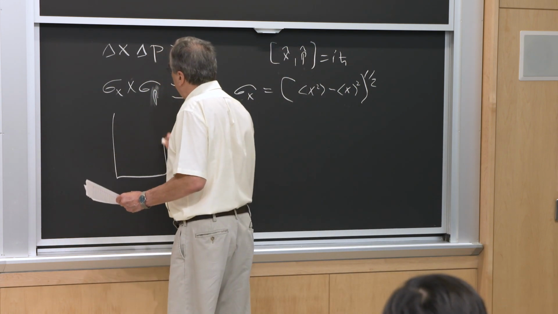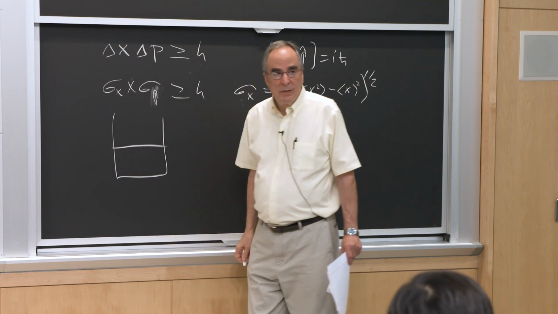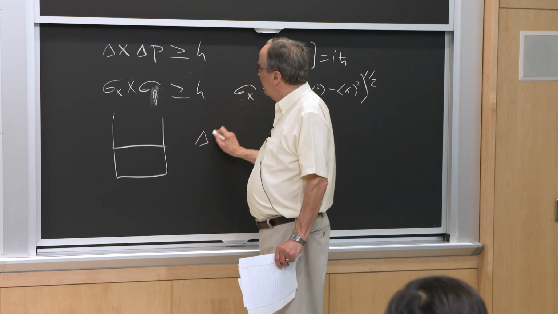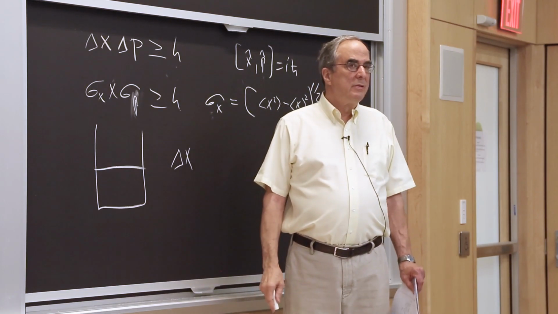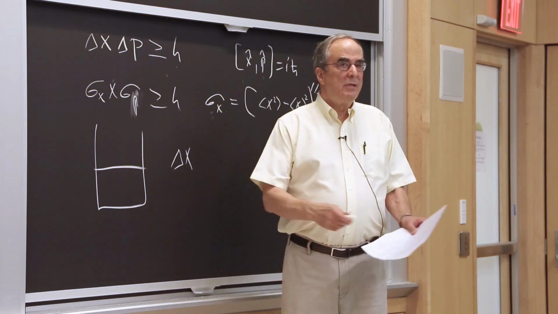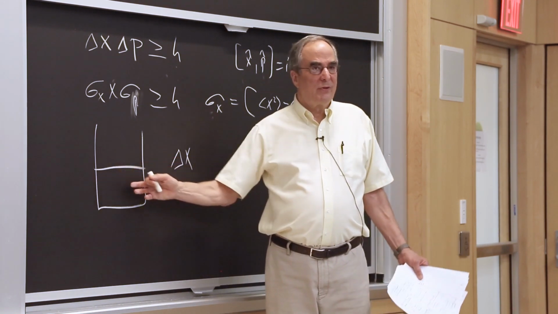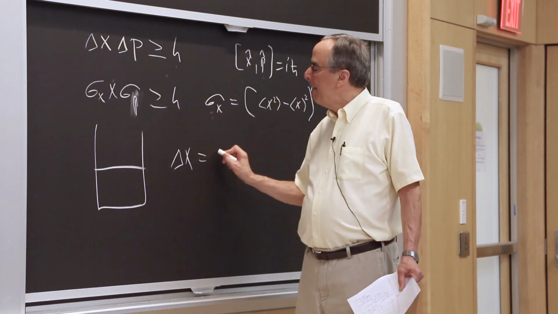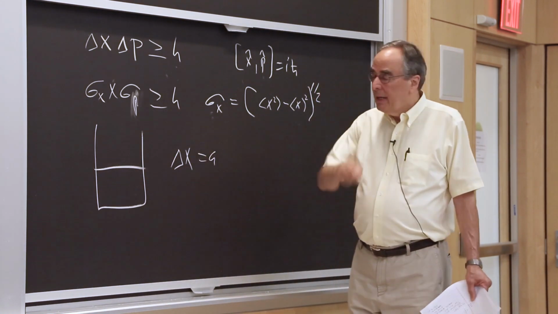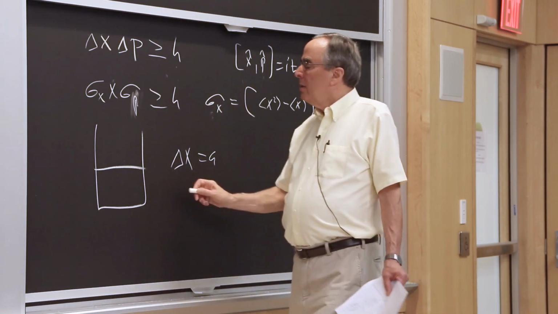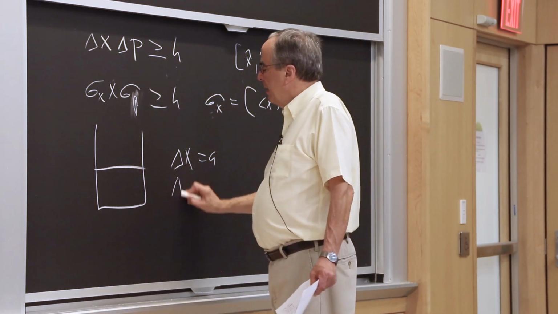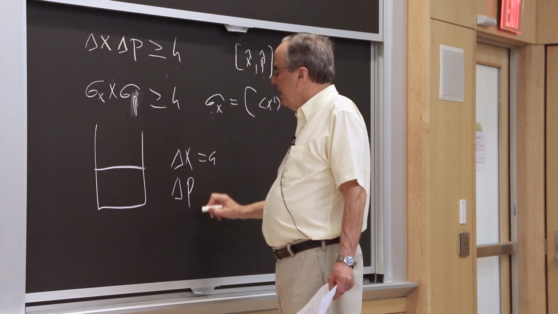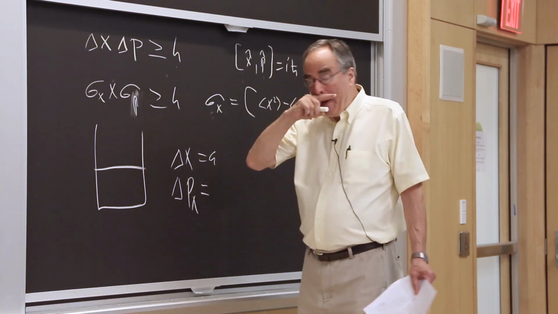And so if I'm in this state, what is delta x? What is the range of possibilities for x? Yeah, the box length, a. Okay. And what is the uncertainty in p sub x?